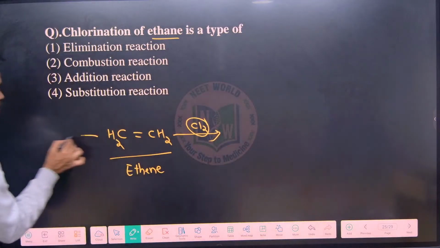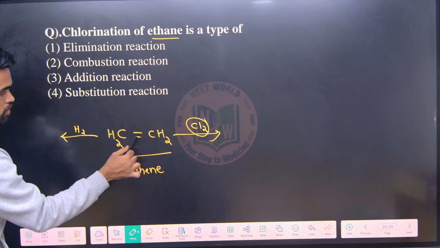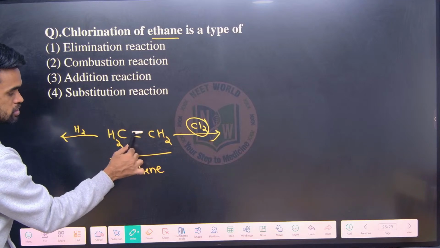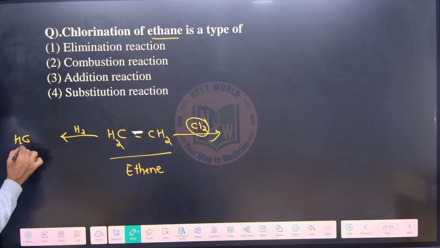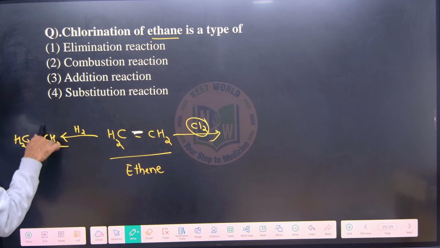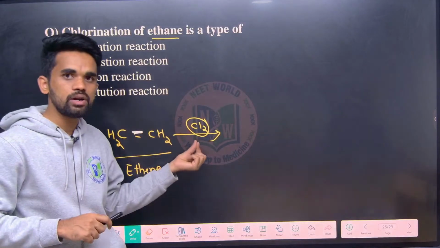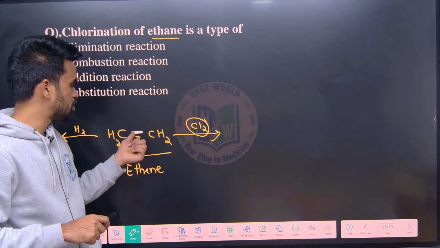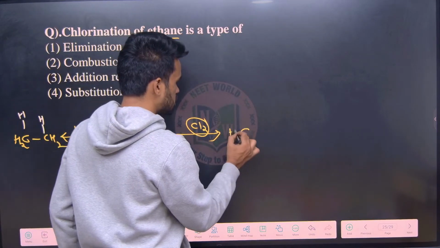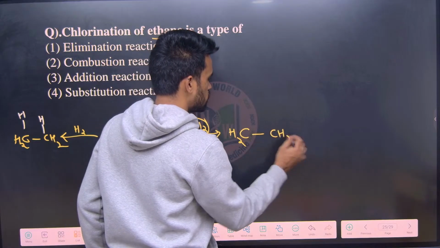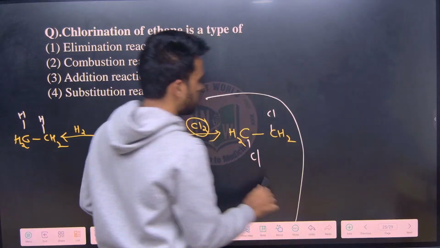Like I told you, when you add hydrogen, one hydrogen is added onto each of the two carbons of this pi bonded system. In the same way, when you add chlorine, you just remove the pi bond and adjust the chlorines on it. So you will get CH2 with one chlorine here and the other chlorine here. Okay, this is the ethene story.